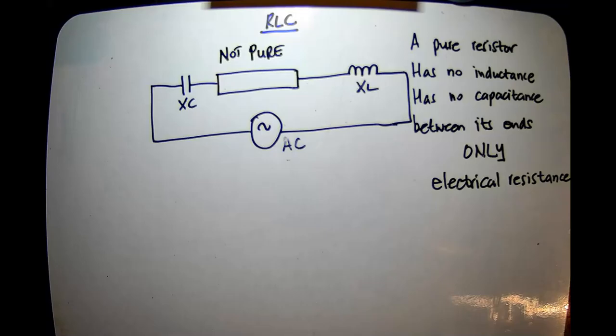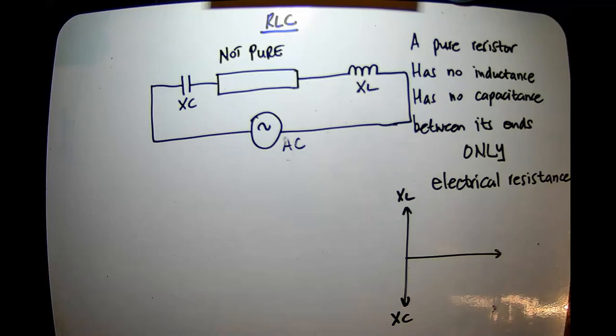So we have XL, which is the reactance of our inductor, and XC, which is the reactance of our capacitor. Notice that X means reactance, and that the reactances are in opposite directions to each other.